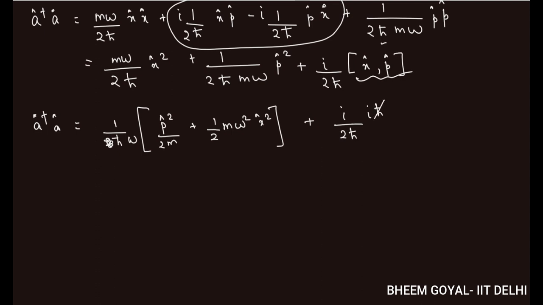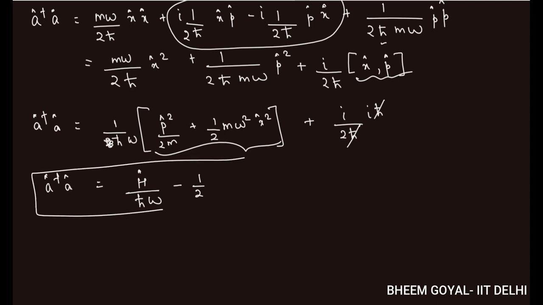So h bar cancels with h bar, and further I can write this as the Hamiltonian of the system. So this becomes Hamiltonian over h bar omega minus 1 over 2, since iota squared is minus 1. So a dagger a is Hamiltonian over h bar omega minus half. Similarly, if I do a into a dagger, I will get Hamiltonian over h bar omega plus half.